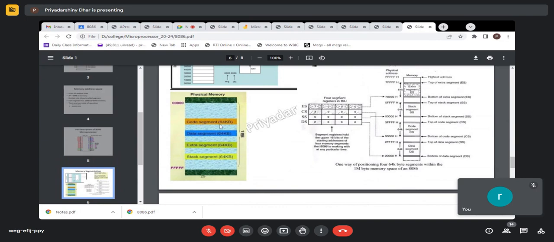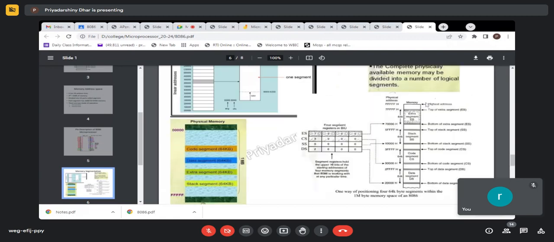Each is a 64 kilobyte data segment, extra segment, and stack segment. Now the extra segment is separated from the stack segment by some gap. Okay, always remember. Next, the data segment.